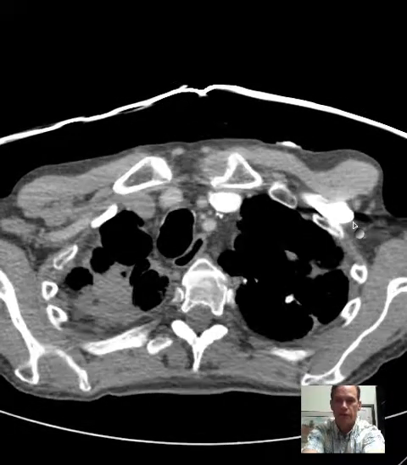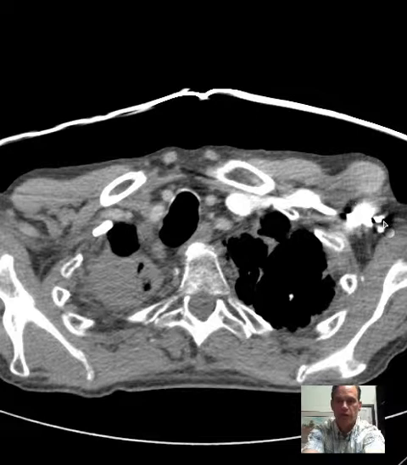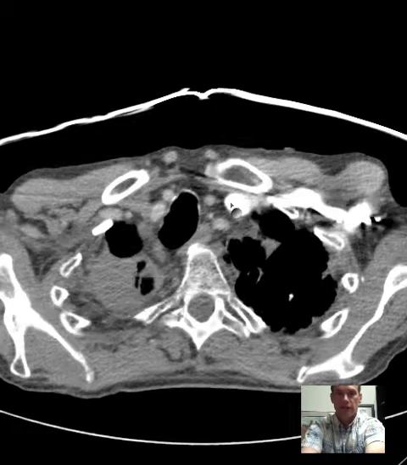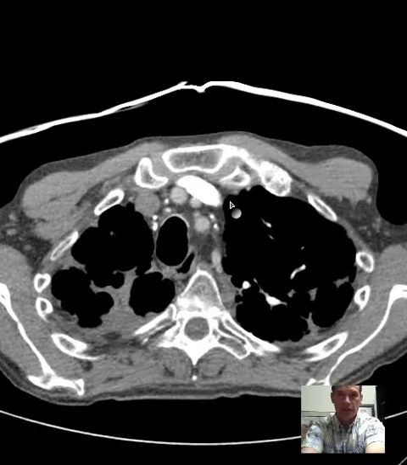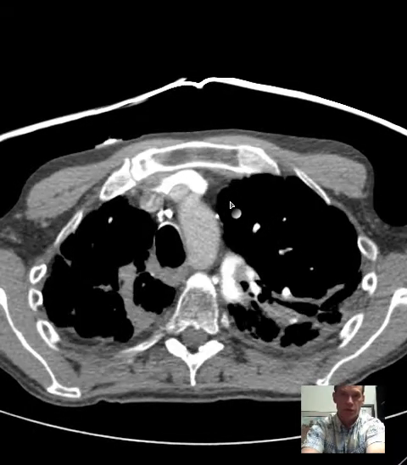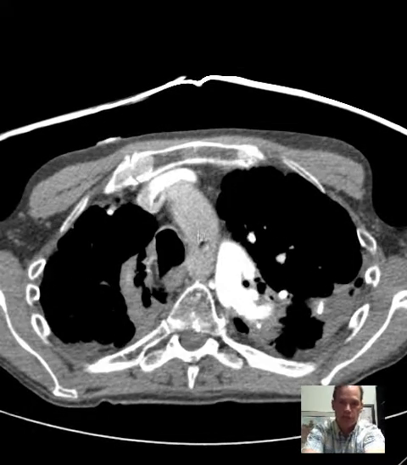The left. So it entered the left brachial vein or somewhere around there, then comes into the left subclavian vein, and then this is the left innominate vein, and the left innominate vein then crosses to join the superior vena cava.